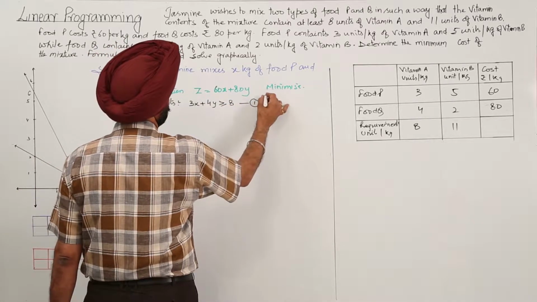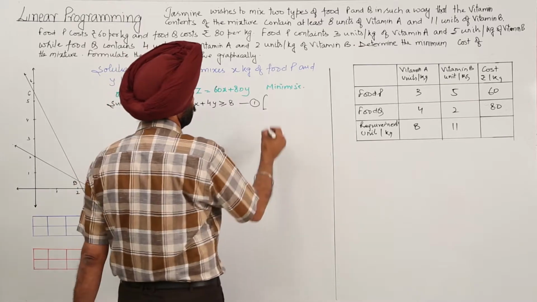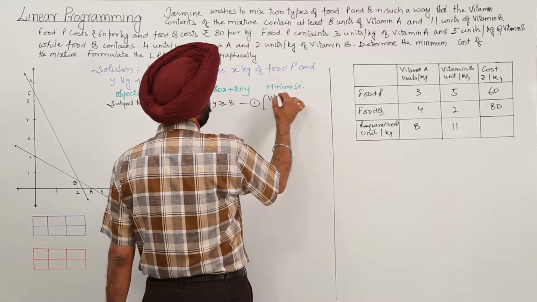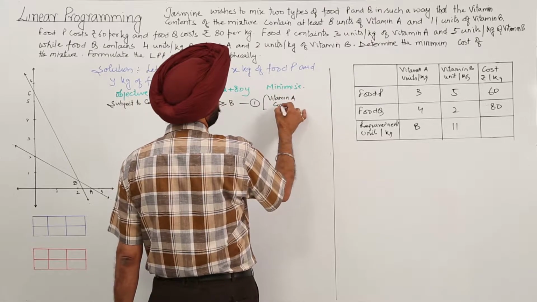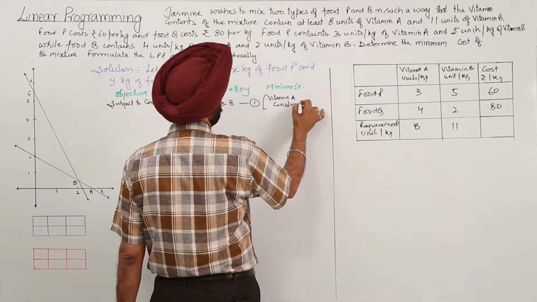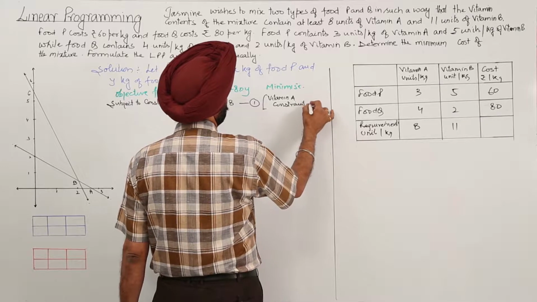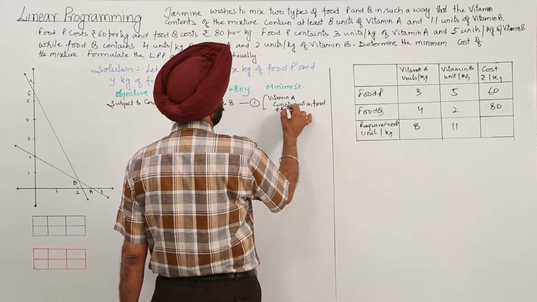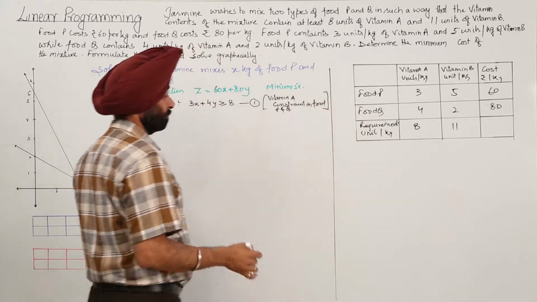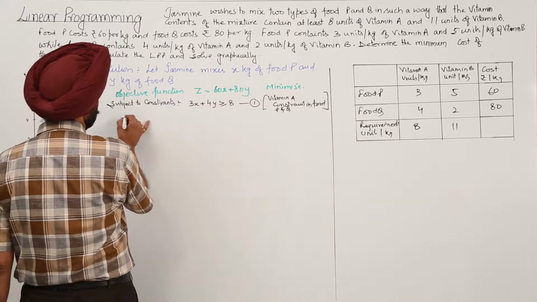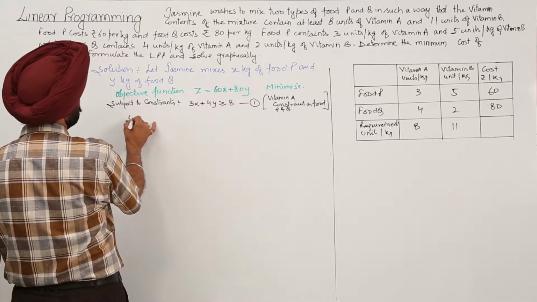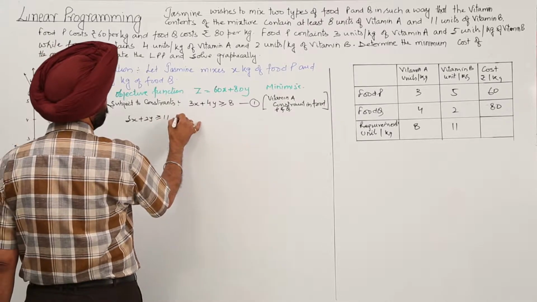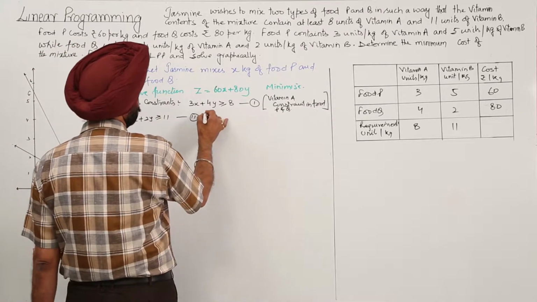Equation number 1, and this is the vitamin A constraint in food P and Q. One thing. Then we have 5x plus 2y is greater than or equal to 11. Equation number 2.